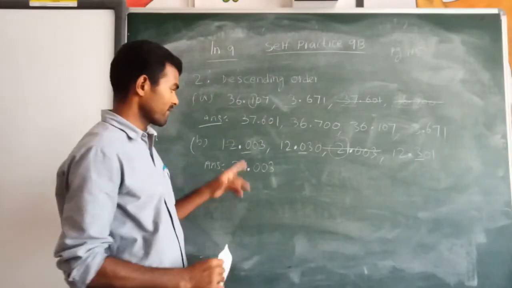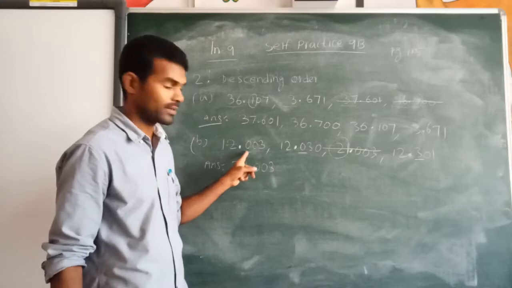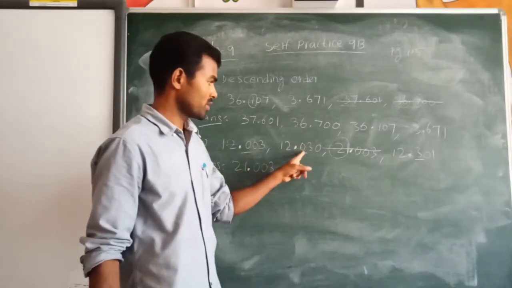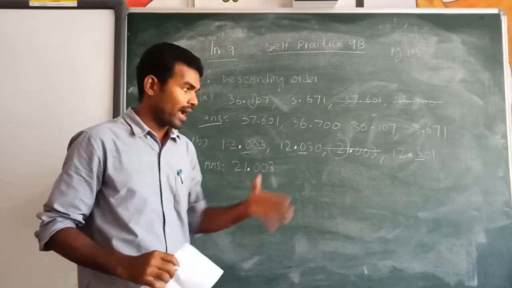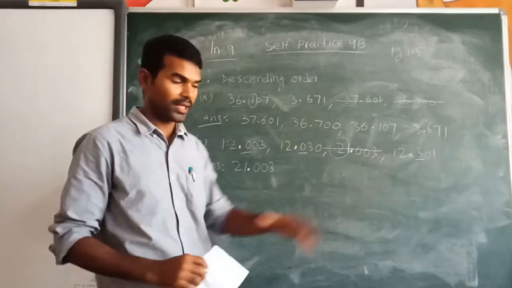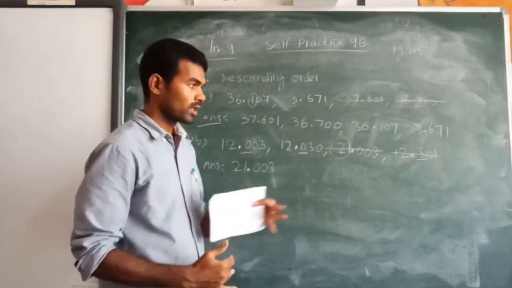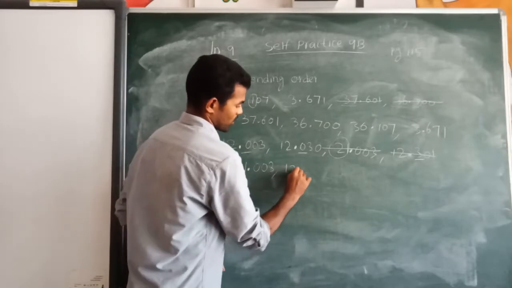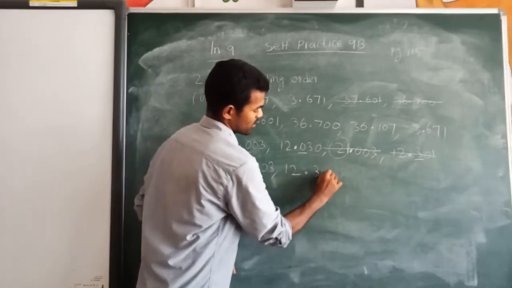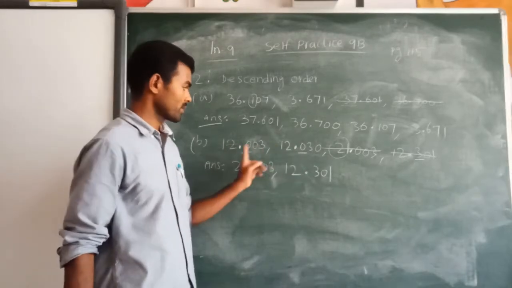Only the first decimal place we compare. 0, 0, 3. So 0 is small and 3 is big. We have to write from greater to smaller, so the greater number is 12.301.